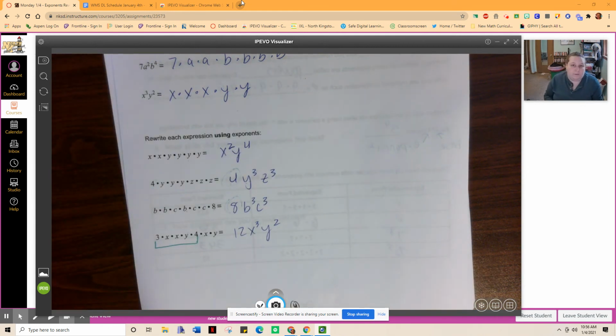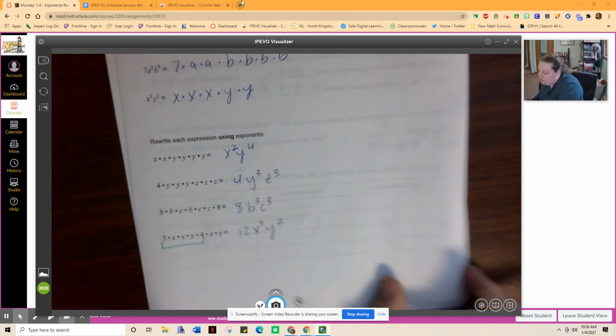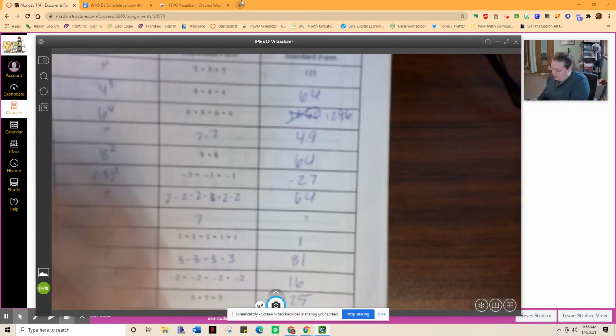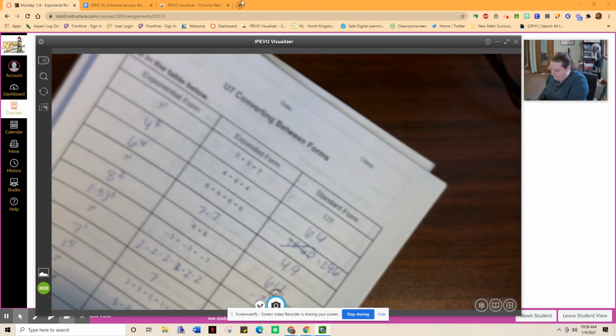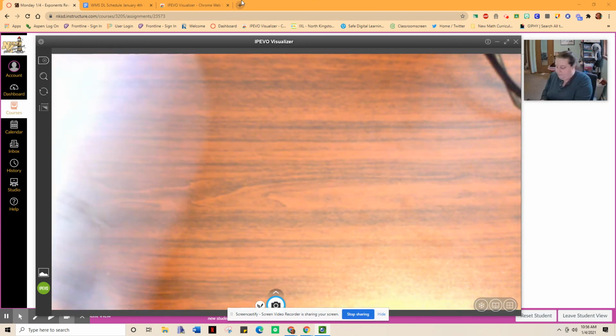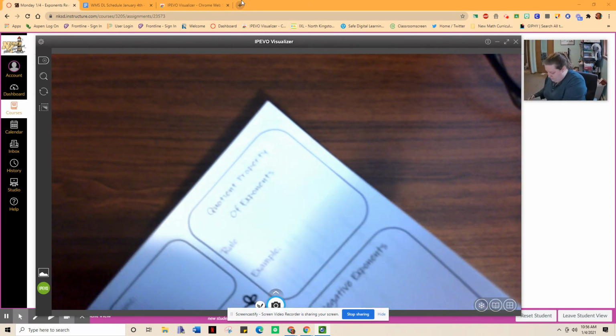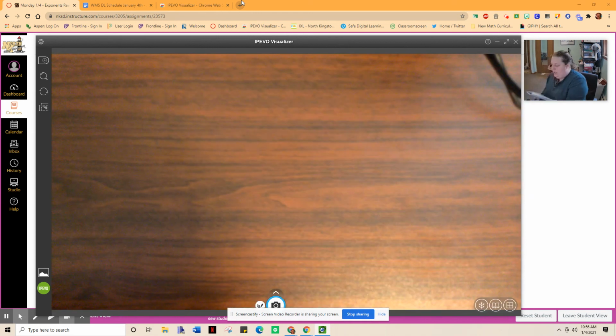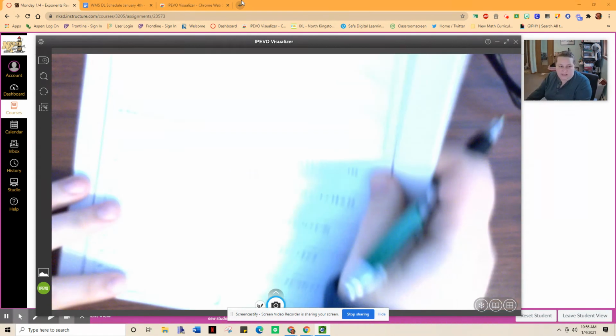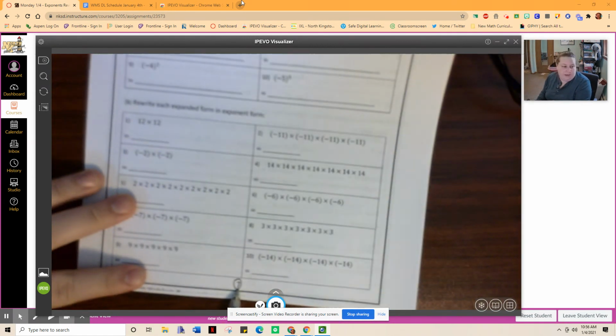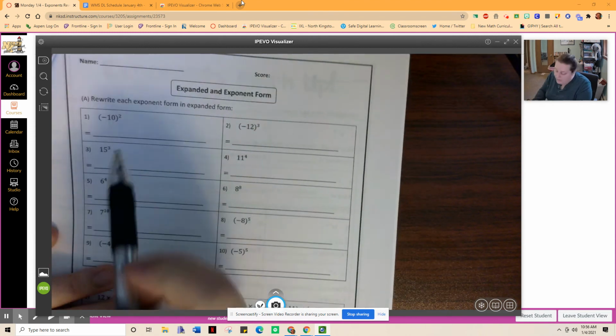So this is a review of working with exponents, and these were our notes for today. For your practice, you're going to flip to page 7. Now on page 7, once again at the bottom, pages are listed. So this is page 7.